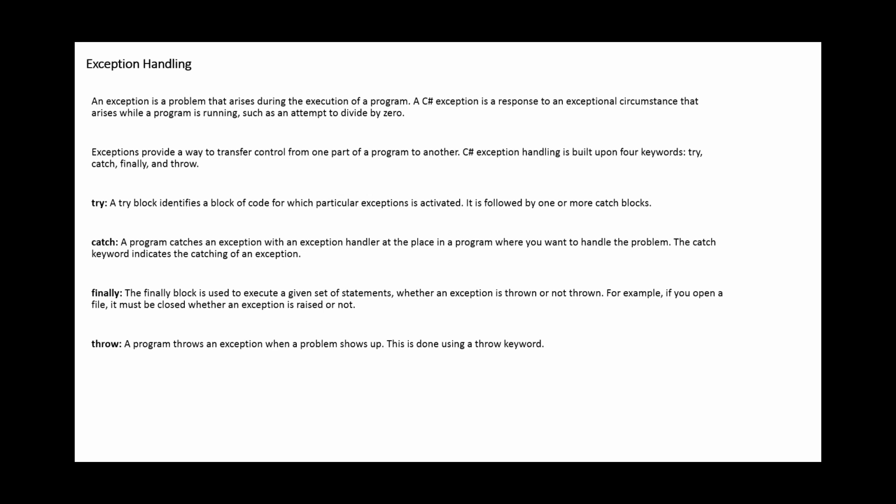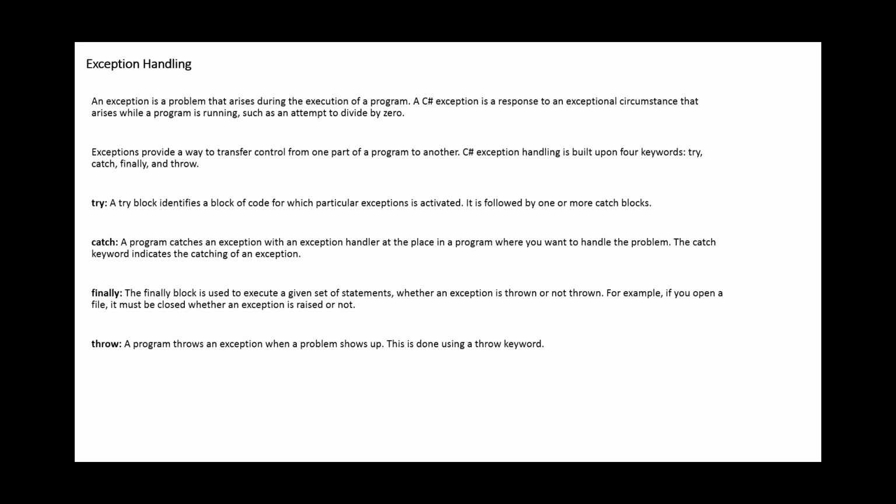Normal syntactical errors or mistakes in what you have written can be taken care of at compile time by the C# compiler. Some things may occur at runtime. The simple example I can tell you: you have two variables, one assigned some value and another assigned 0, and you are trying to divide value 1 by value 2.